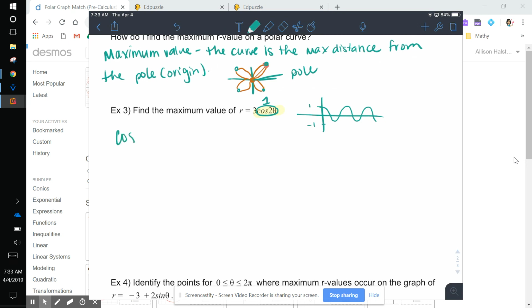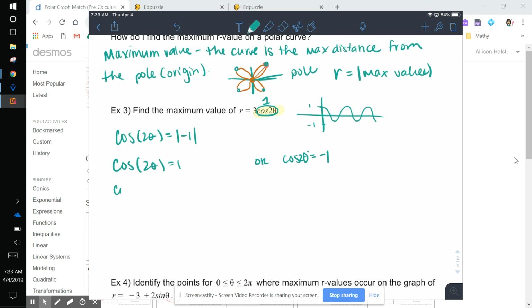So when is the cosine of 2 theta equal to the absolute value of 1? Because actually we want when r is equal to the absolute value of the max value, the max distance. So I'm going to split this up. The cosine of 2 theta is equal to 1, or the cosine of 2 theta is equal to -1.